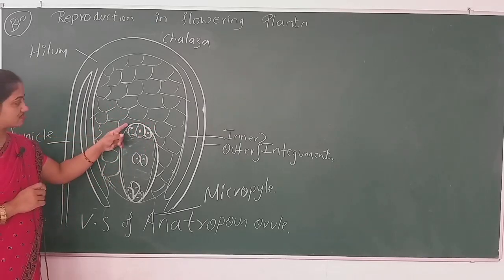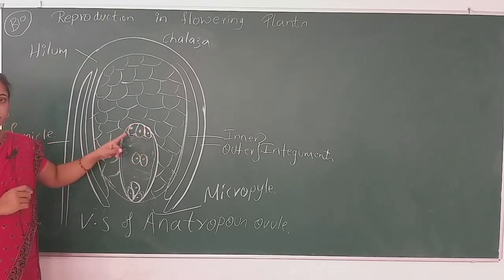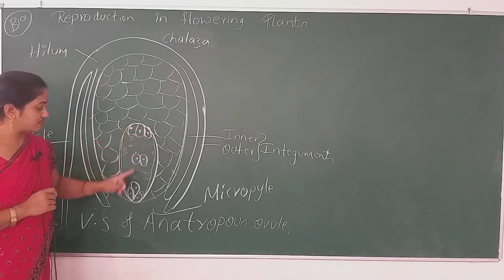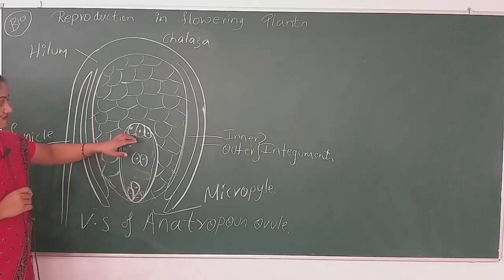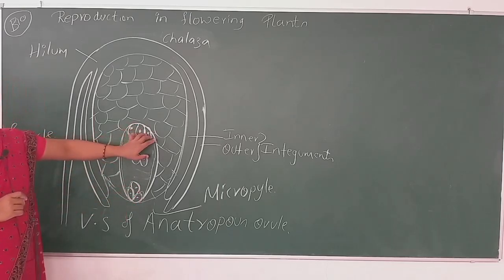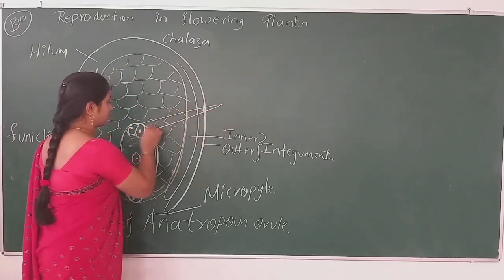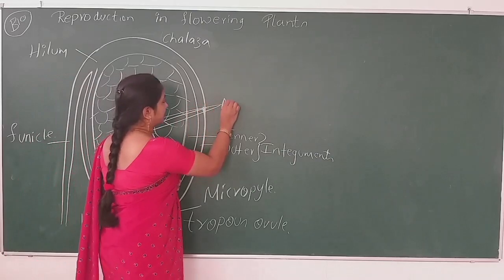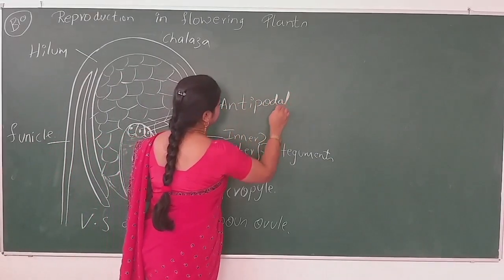The cell wall forms around these nuclei. Here also cytokinesis occurs, and we have 3 cells near the chalazal end. Those 3 cells are known as antipodal cells.